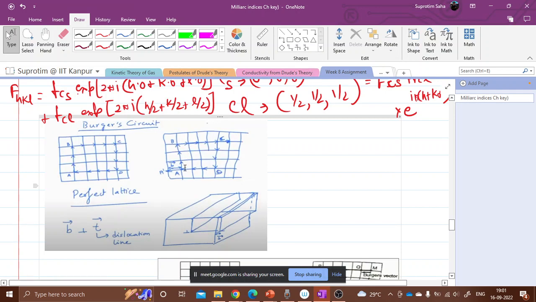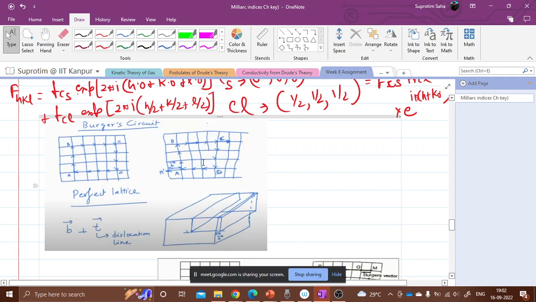So if you go 3 in this direction, 4 in this direction, 3 in this direction, and 4 in this direction, you see that you are traversing a lattice site more. You understand, right? So this is coming out of the plane.